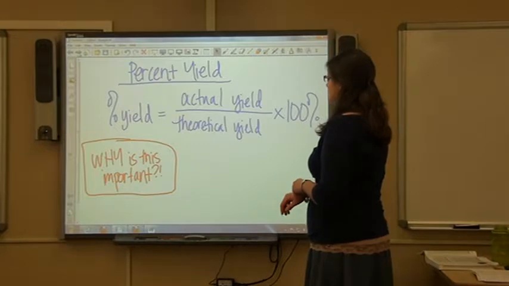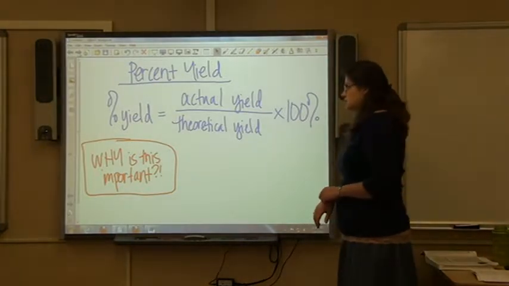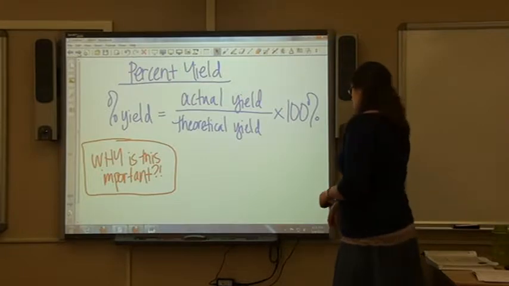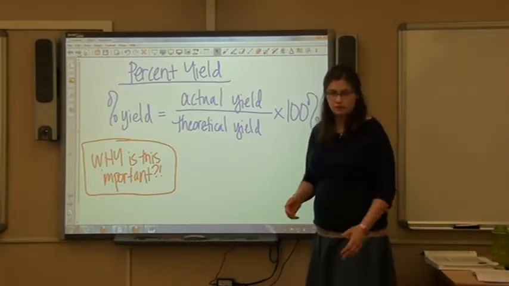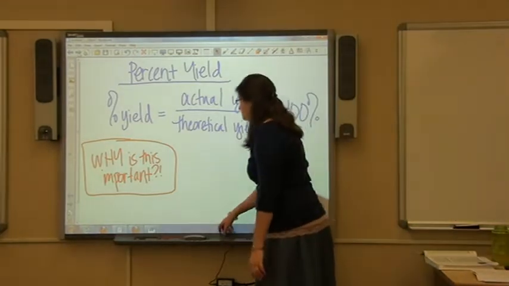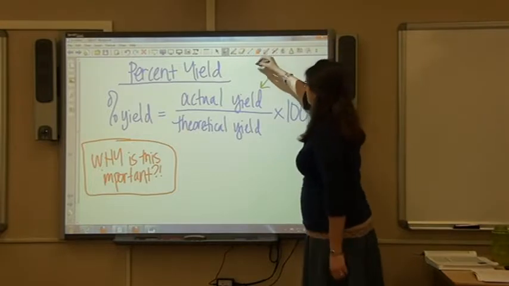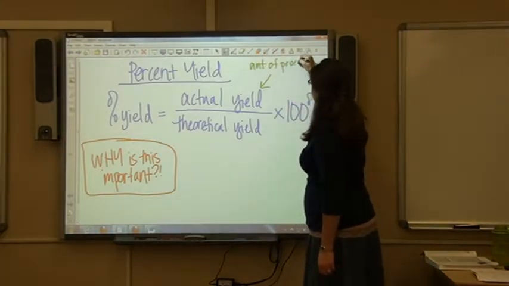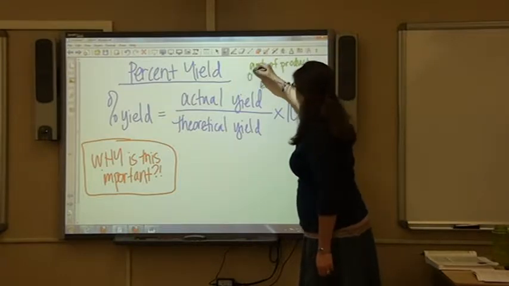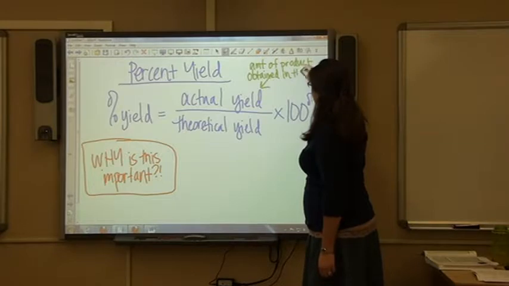Okay, so let's talk a little bit about percent yield. Percent yield is the actual yield divided by the theoretical yield times 100%. Very simple formula. Let's talk about what all this stuff means. The actual yield, in other words, is the amount of product obtained in the lab.